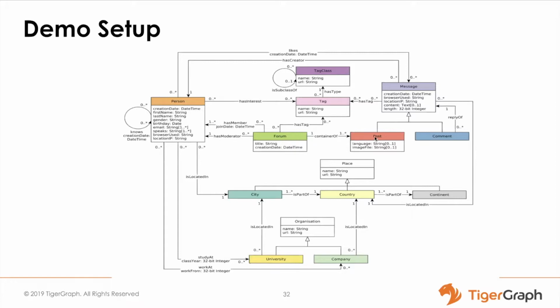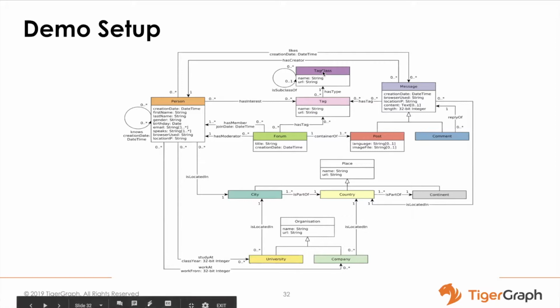And the forum is the container of the post or other comments of the post. And then the person have some geographic locations such as city, country, and continent. And the person has some organization relationship. So person can work, study at the university or work at a company before.